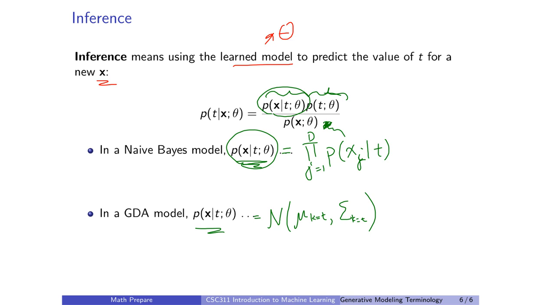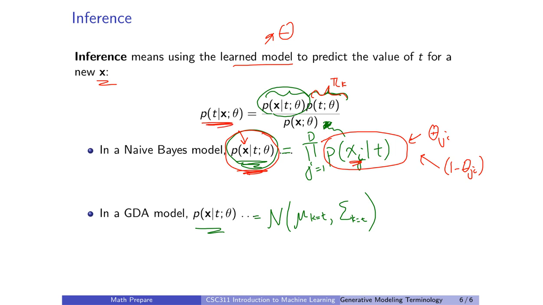So these are values that we can compute. These are actually going to be either the theta jc's or 1 minus theta jc's, depending on the value of each xj. So during inference, when we have a particular x, this value right here is just a number. And this value right here is also just a number, just a pi k. So this probability, we can actually compute.